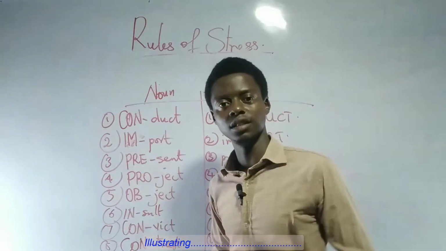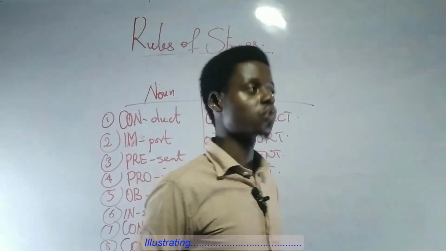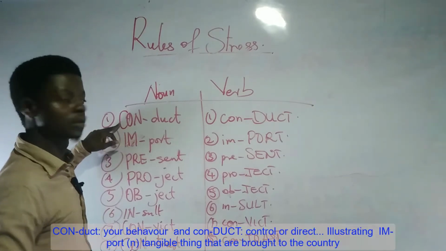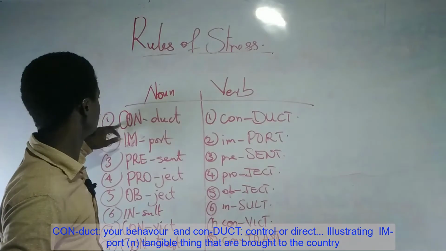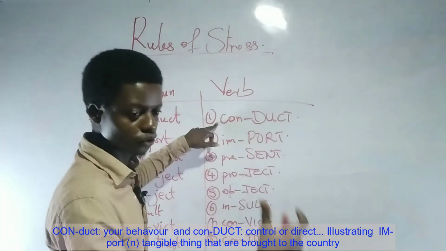So N is noun, V is verb. Clues like that come up in most questions. So this is conduct, your behavior, your attitude. Conduct is to organize, control, and direct.